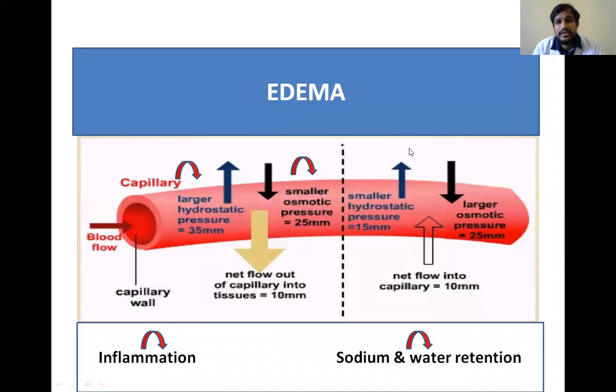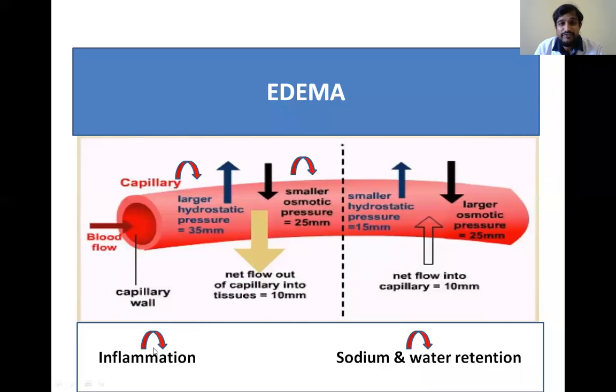So in edema, there are different mechanisms. We know when the hydrostatic pressure is directly increased, it leads to outflow of the fluids, which leads to edema. And when osmotic pressure is decreased, there is a relative increase of the hydrostatic pressure. So in such a case also, there will be fluid outflow and accumulation leading to edema.